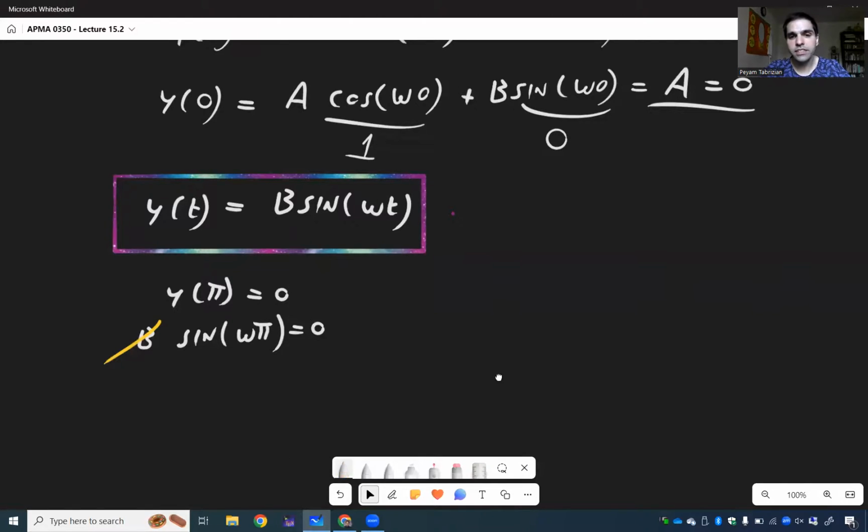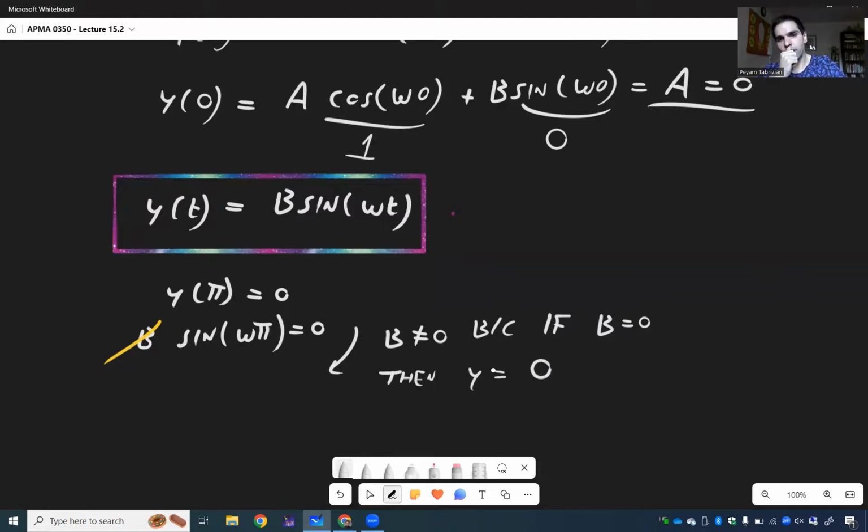However, here it is. b is non-zero, because if b were 0, then y would be 0 sine of omega t, which would be 0, which again, we don't want.